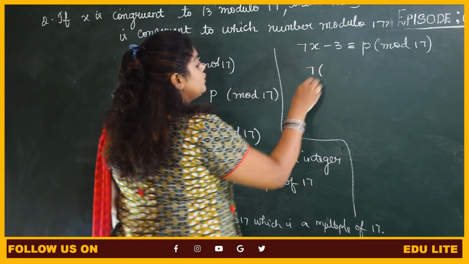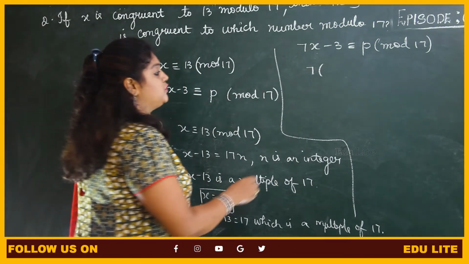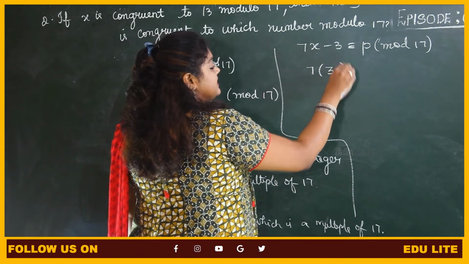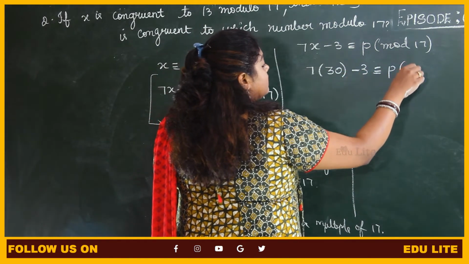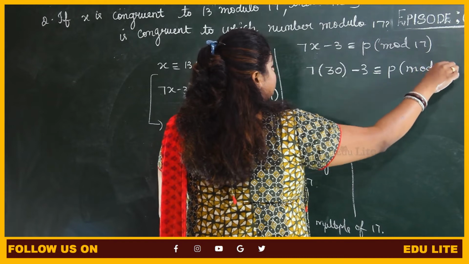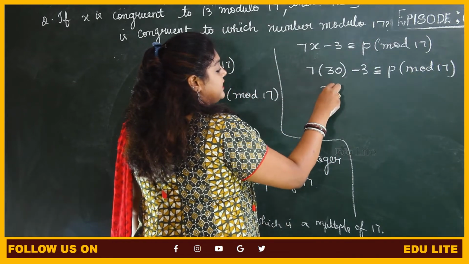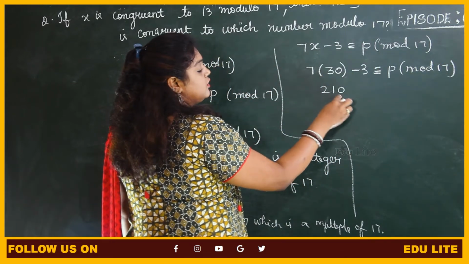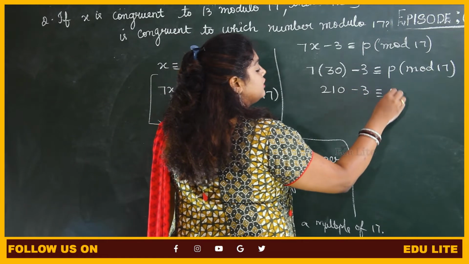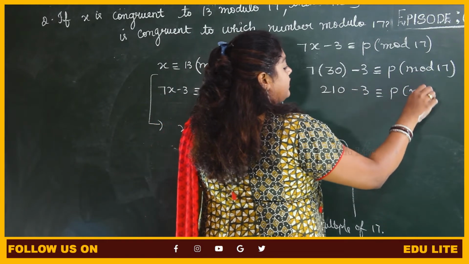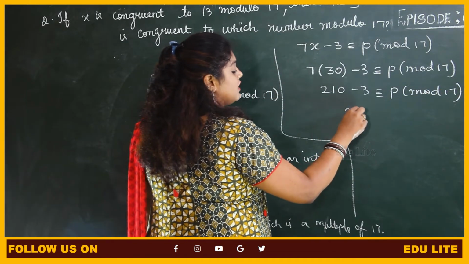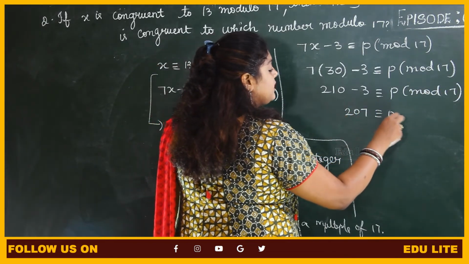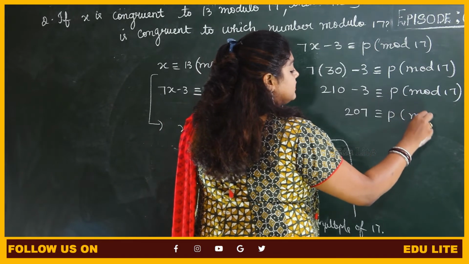So 7 into 30 minus 3 is congruent to p mod 17. 7 into 30 will give us 210, minus 3, congruent to p mod 17. 210 minus 3 will give us 207, congruent to p mod 17.